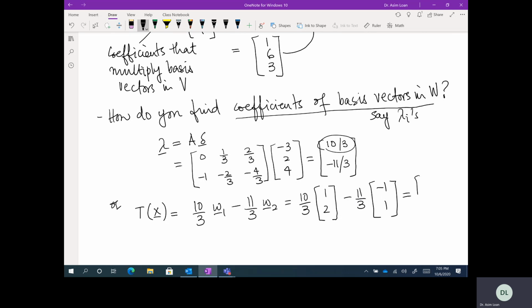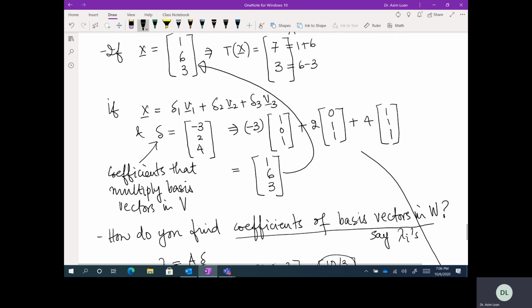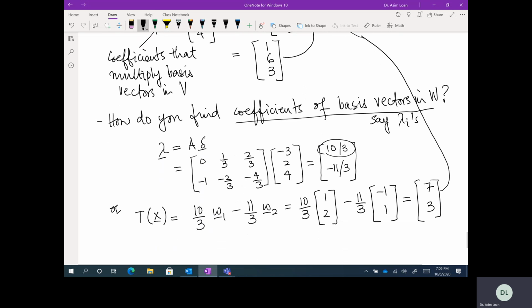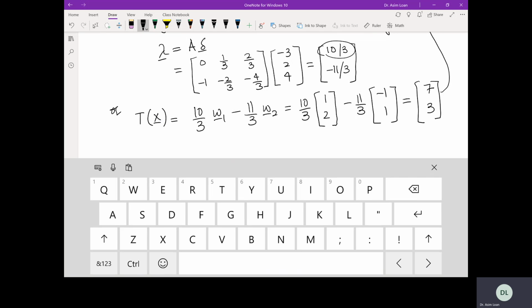And this is equal to 10 by 3 plus 11, 21 by 3, which is 7. This is 20 by 3 minus 11, which is 9 by 3, which is 3, which is exactly the same as this one. So different bases get the same result. This is what we were trying to see.